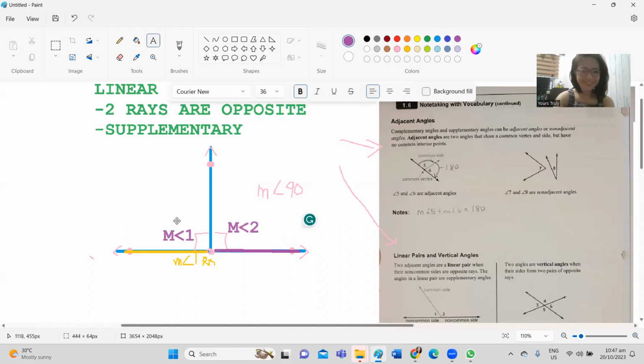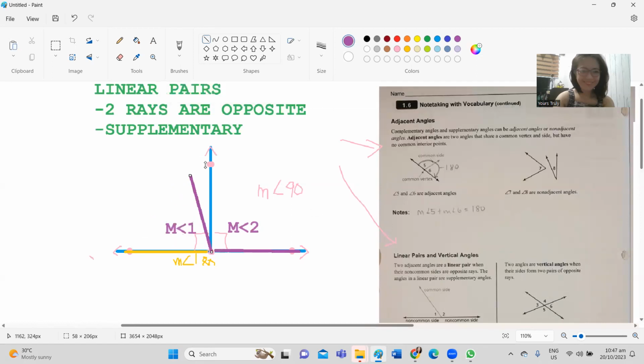So angle 1 is here, this side and this side. It's a 90-degree angle, the right angle. And the second angle, angle 2, is this side and this side. Still a right angle.